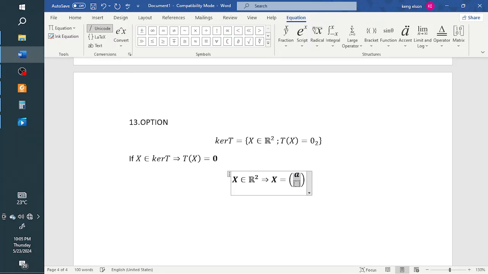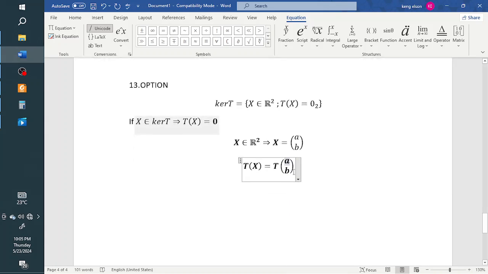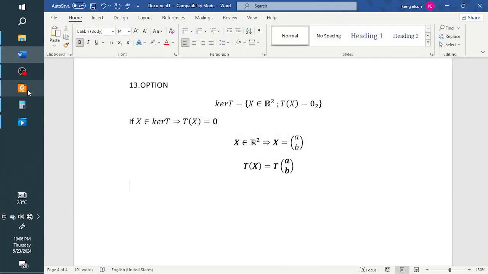So I can say X is equal to (a, b), or ai plus bj. Now let's do T of X. T of X will be equal to T of (a, b). Now let's go back to the transformation given to us and define it.